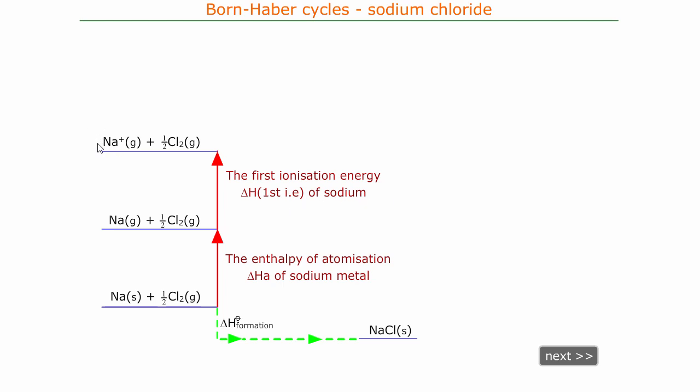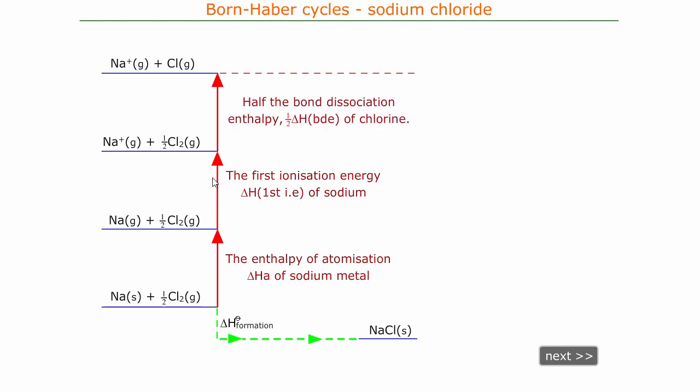So we're alright, sodium gaseous ions are ready to go into their position in the lattice, but the chloride ions are still not formed, and they are in fact currently stuck as diatomic molecules. So the first thing we need to do is to break the diatomic molecules into chlorine atoms. This is the bond dissociation enthalpy of chlorine.